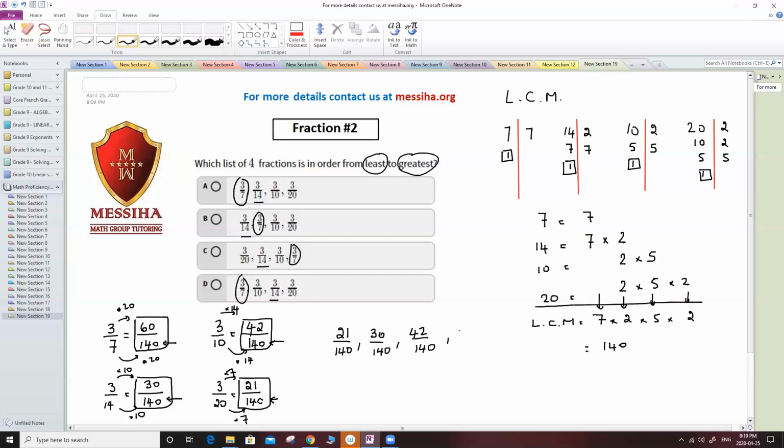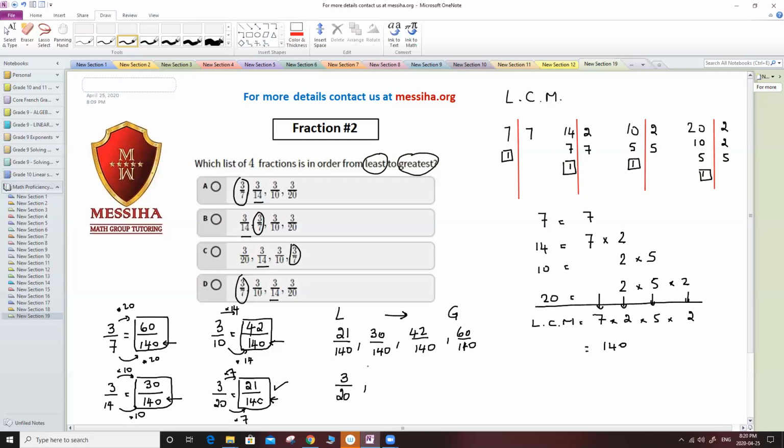And after the 42, I have the 60. Now, they are from least to greatest. They are in this order. Perfect. Let's transfer this one to the original. 21 over 140, this one.